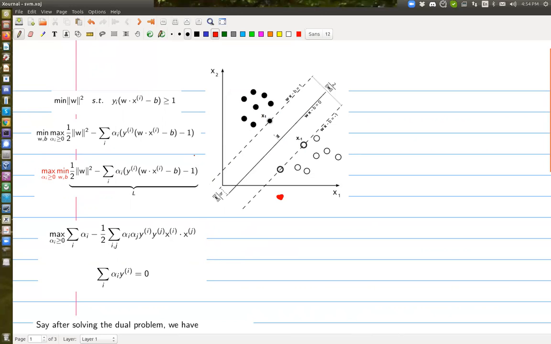So instead of having this as a hard constraint, we will try to minimize a loss.